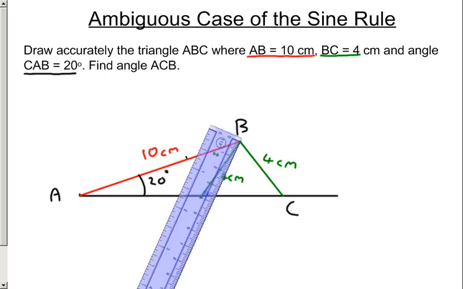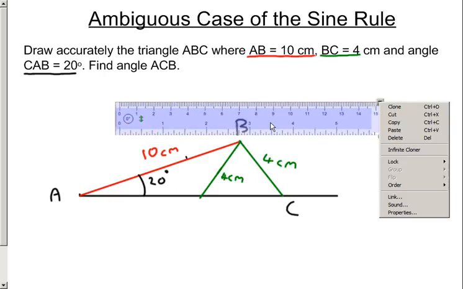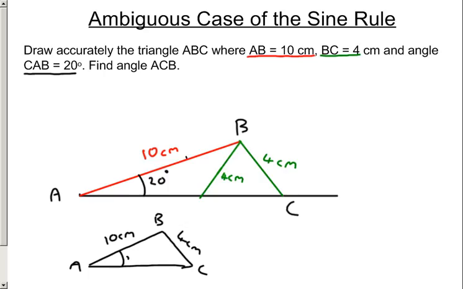And that's what we mean here by the ambiguous case. The ambiguous case is because there's two possible triangles here. We've got the first triangle we drew, and the second, obtuse angle triangle. So if we think about what this is, we've got the triangle A, it went up like this, B, C, where this one was 10 centimeters, 4 centimeters, and this angle here was 20 degrees.